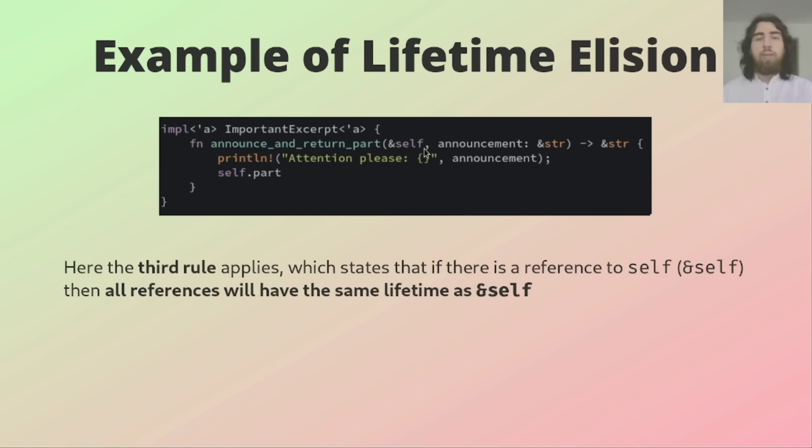All of them will take the exact same lifetime as the lifetime of self, because this is inferred and it makes sense, right? Because all of the provided arguments to a method must actually outlive the structure or the enum instance, all right? So all of the arguments here take implicitly the same lifetime as self, all right?